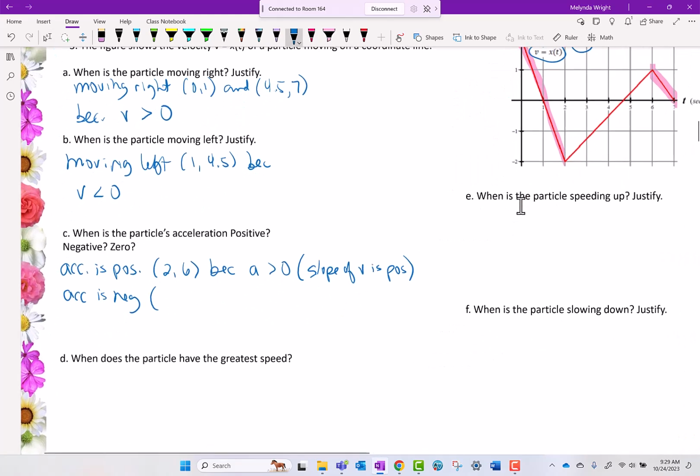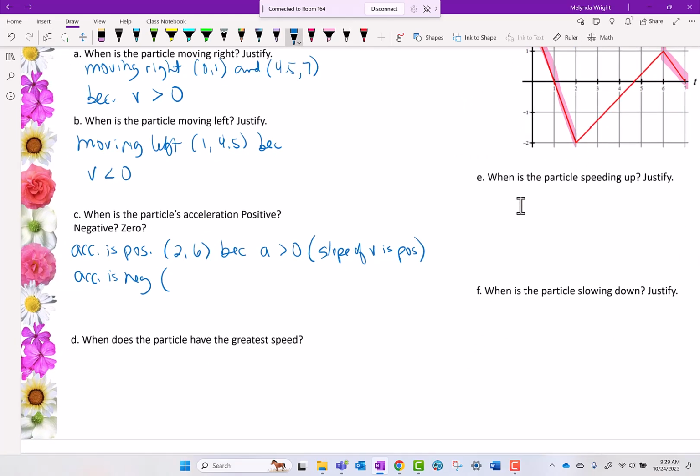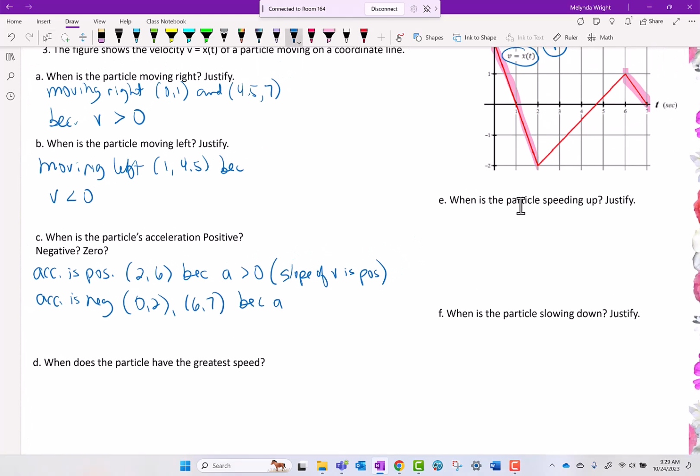So the acceleration is negative from 0 to 2 and 6 to 7. And you can put a U in there if you really like that kind of notation, or a comma. It doesn't matter, because acceleration is less than 0, or the slope of velocity is negative.